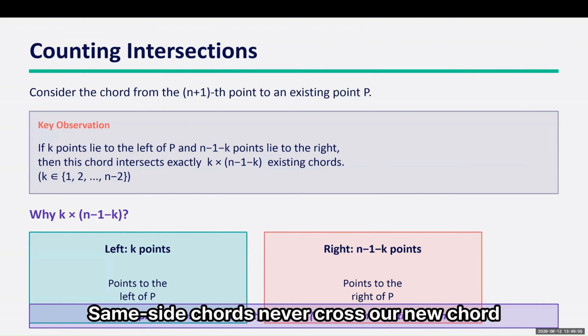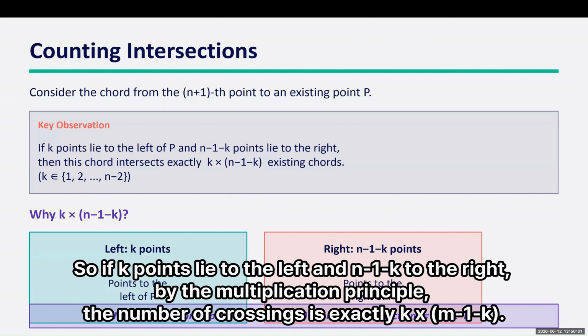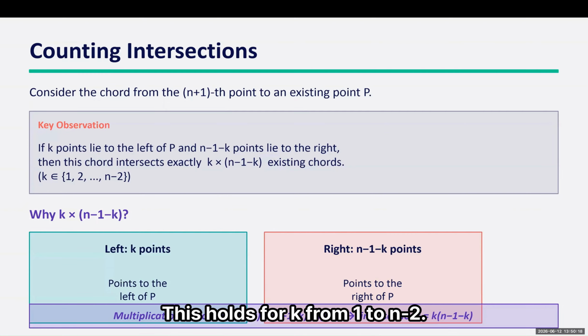Same side chords never cross our new chord. So if k points lie to the left and n minus 1 minus k to the right, by the multiplication principle, the number of crossings is exactly k times n minus 1 minus k. This holds for k from 1 to n minus 2.